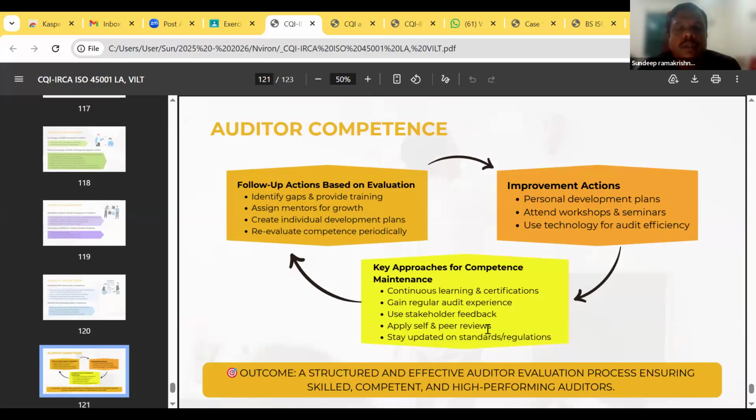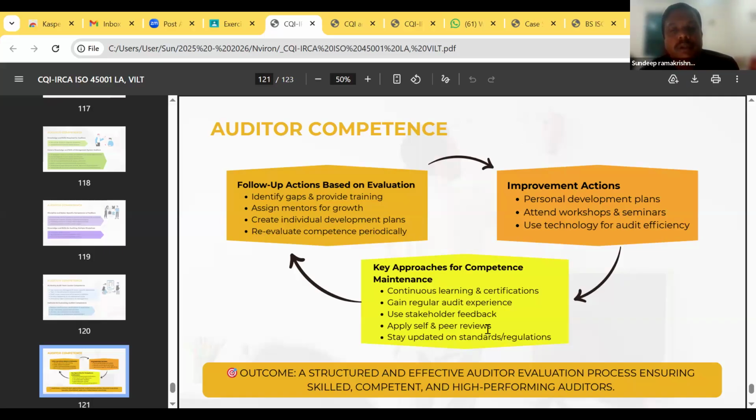So, as auditors, you have to keep improving yourself. After becoming a lead auditor, it doesn't end there. You have to keep yourself updated on what are the new tools and techniques coming up, right? And what are the key approaches for competence maintenance. Have a continuous learning.